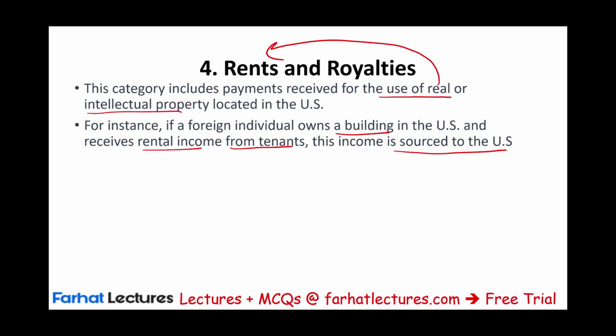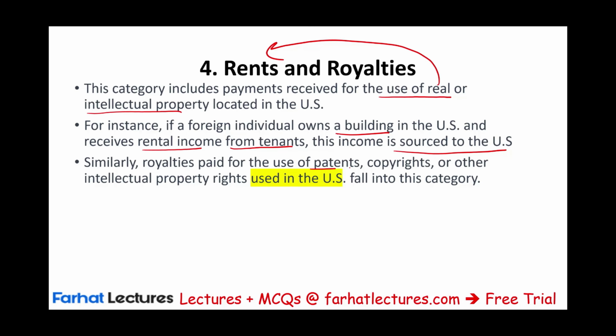Then any deduction related to that building in the US will be deducted against that income. Also, royalties paid for patents, copyrights, or other intellectual property used in the US fall in this category as well. Royalties means you pay a fee to be able to use that software.